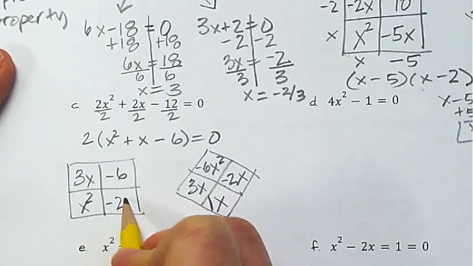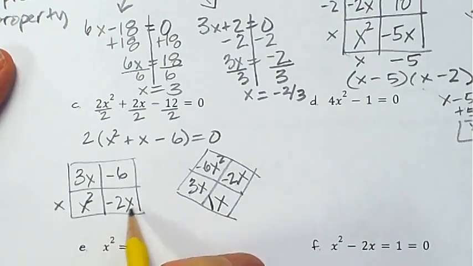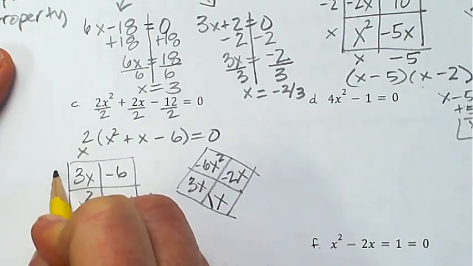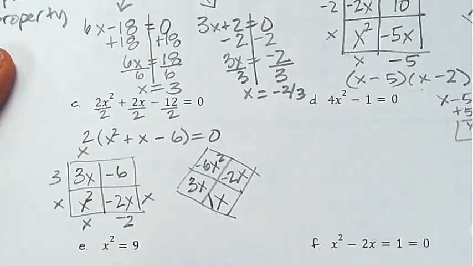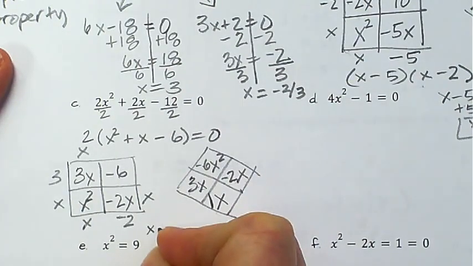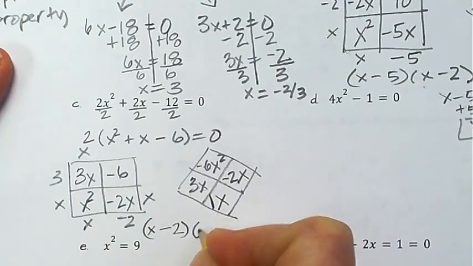So that's going to factor into x minus 2 and x plus 3 equals 0.